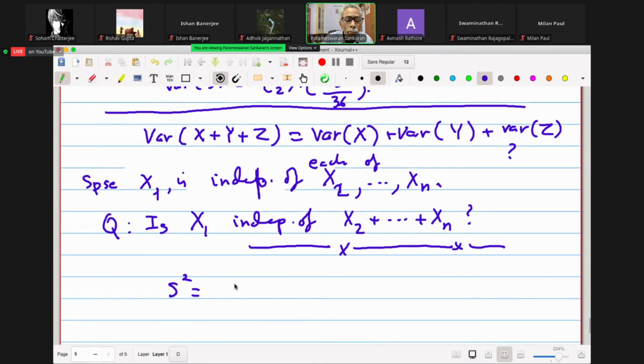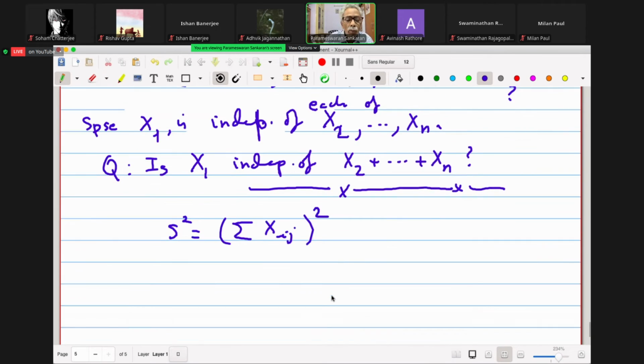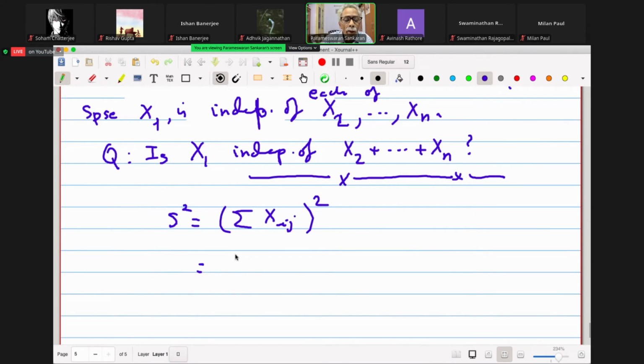I at least write out S square is equal to the summation of x_ij, whole square, and this is equal to the summation of x_ij square for each one of these, plus 2 times the summation of x_ij and x_kl, over pairs ij, where we always write i less than j.